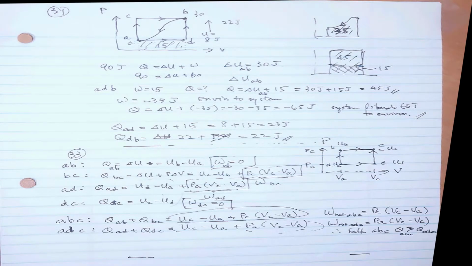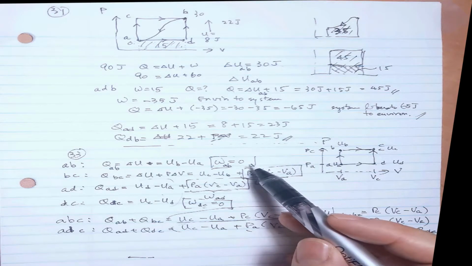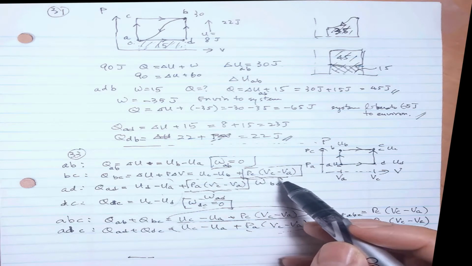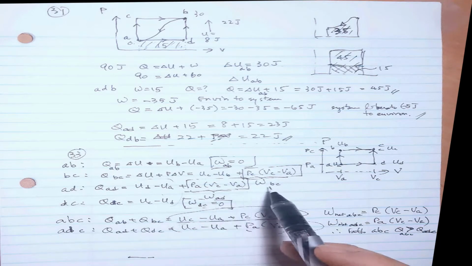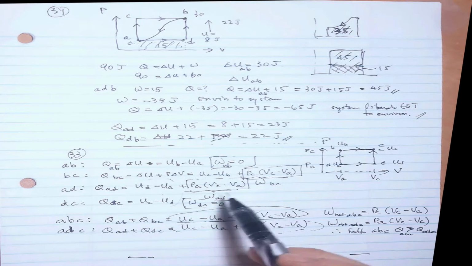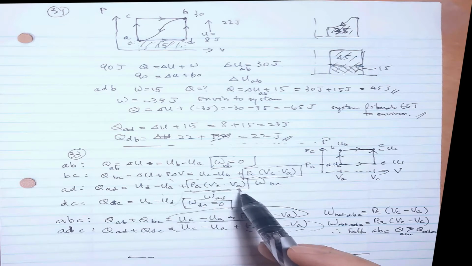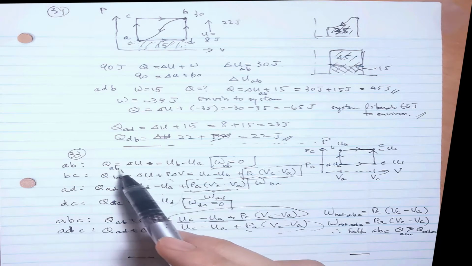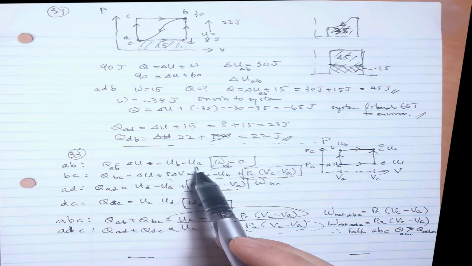And the answer: BC is PC times VC, yep. And then WAD is PA times (VC minus VA), that's correct. VDC is correct. So QAB is UB minus UA only, yes.